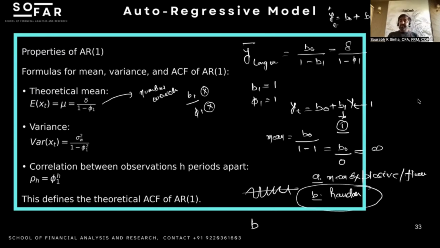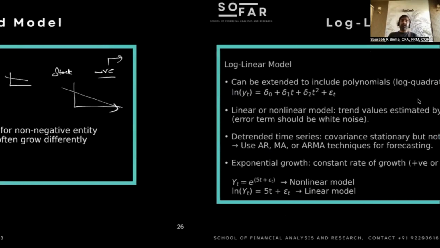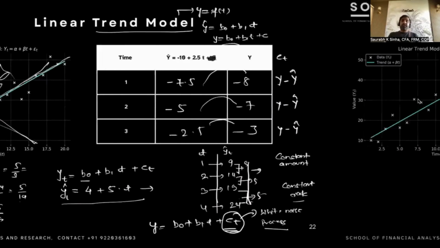So when I say B1 is 1, what does 1 stand for? Unit, and B1 stands for root. If there is a problem of unit root, have you heard this term in this session? Yes, you did, which was the flowchart.